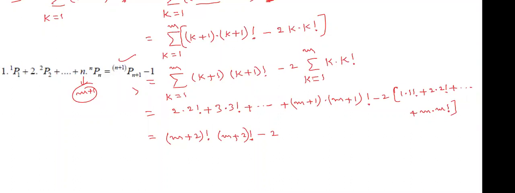Now students, I am going to the second term, minus 2 into, here it starts with 1 into 1 factorial onwards up to m into m factorial. This value we can write as (m plus 1) factorial minus 1.